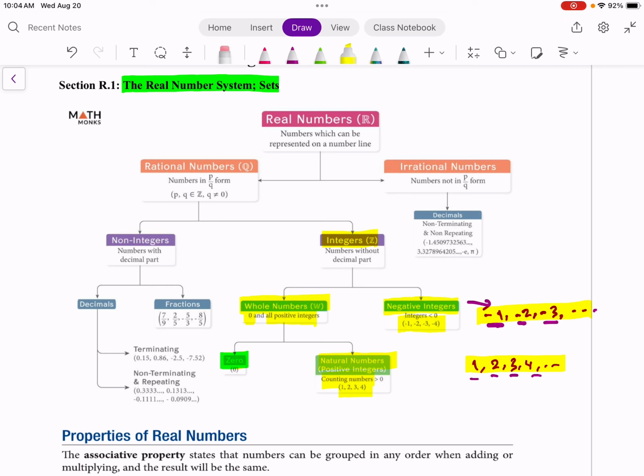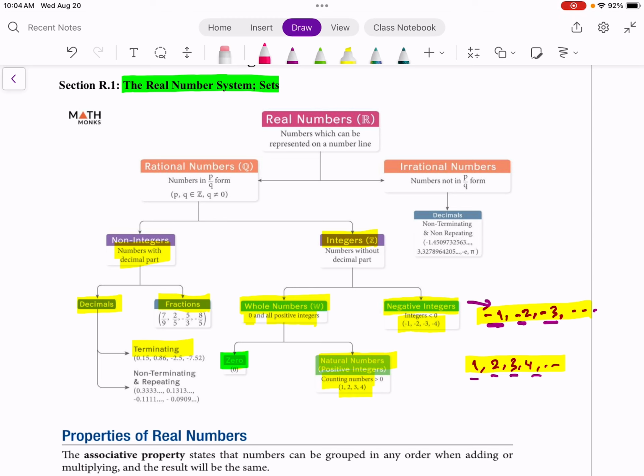Now there are non-integer numbers. Okay, numbers with a decimal part, these are the non-integer numbers, and these numbers can be decimals, it can be fractions, right? So a decimal can be terminating.